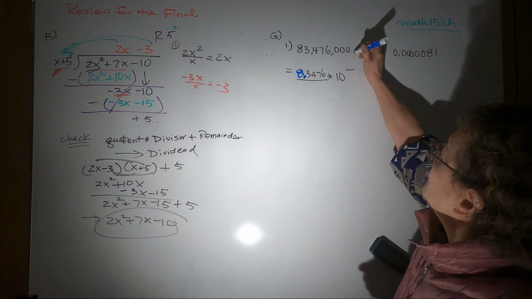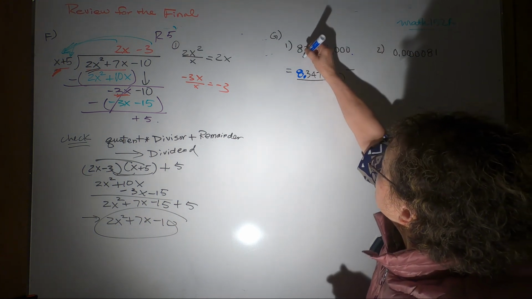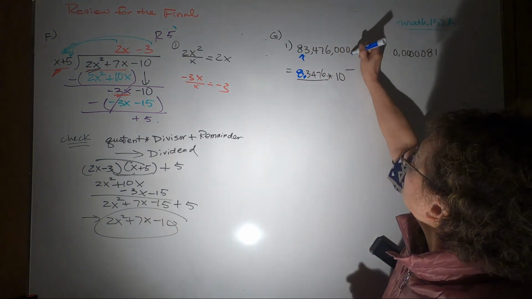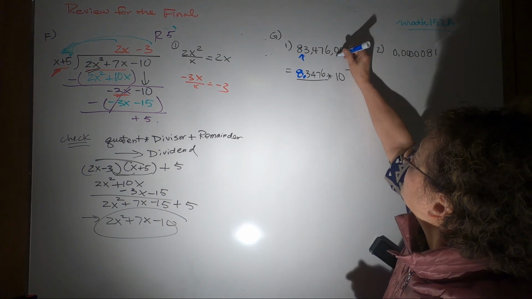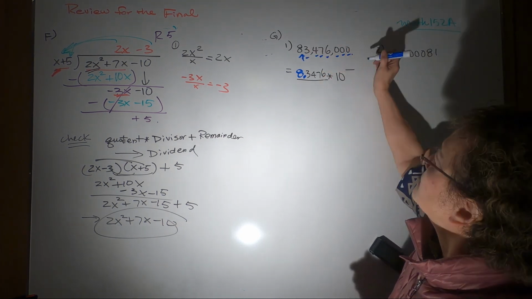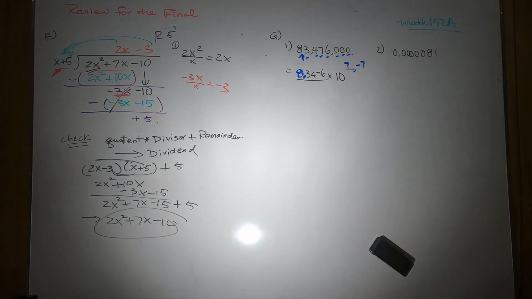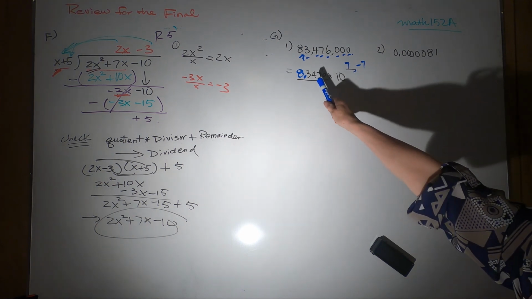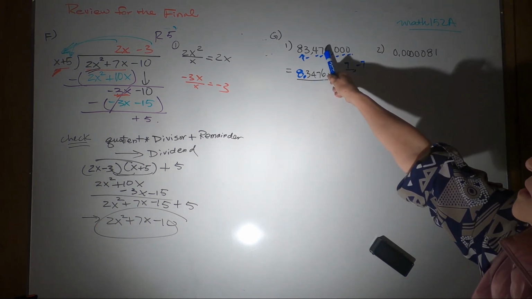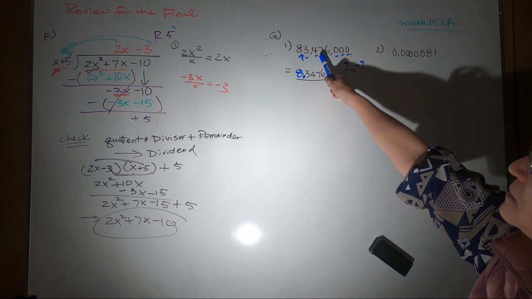But from here, we change it to a decimal from here. How many positions do you move? 1, 2, 3, 4, 5, 6, 7. So your exponent can be 7 or negative 7. Which one do you think you need to use? Here a smaller number turns into a big number, right?